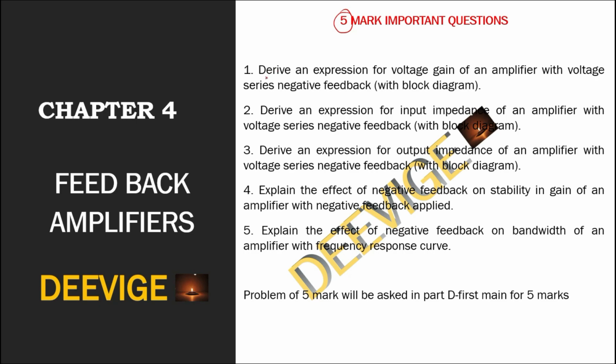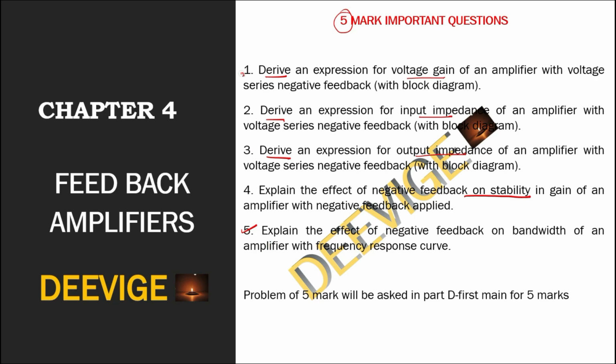In this, all are the main derivations. There are mainly 4 derivations. One is voltage gain, second is input impedance, third is output impedance, and fourth is stability. After this, as I told you, the graph of bandwidth with and without feedback.